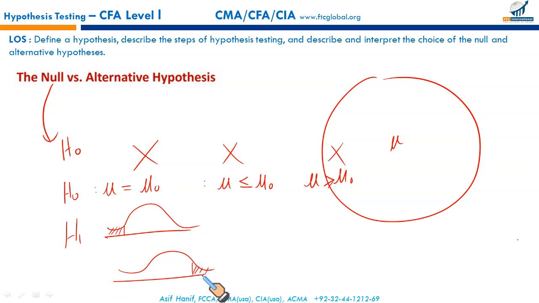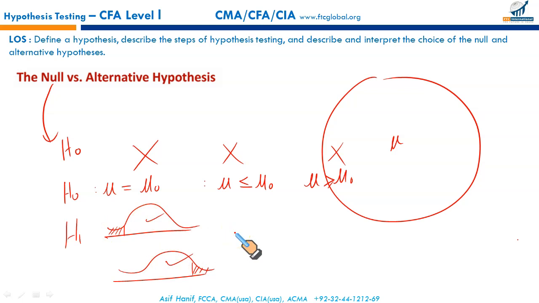This is called one-tail test, left side or the right side. So the aim is to test the possibility of change in one direction, left or right, and completely disregard this region. Disregard the possibility of change in the other direction.